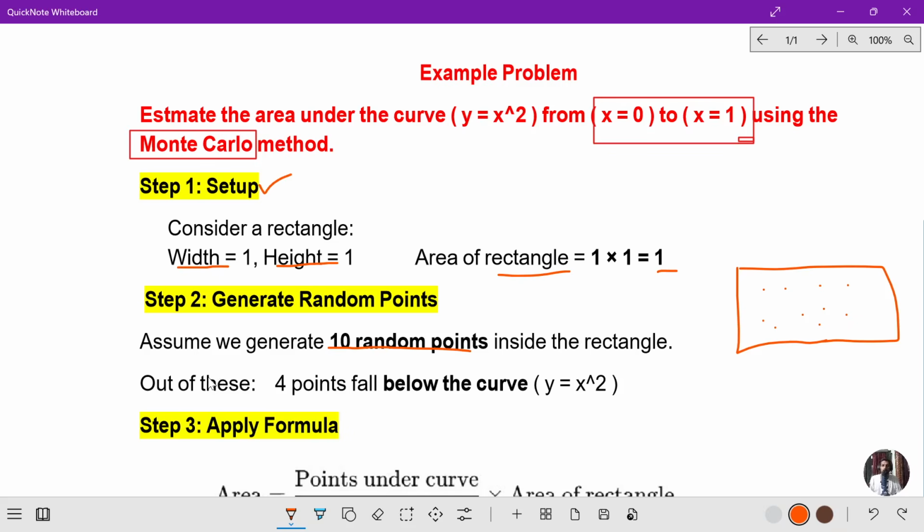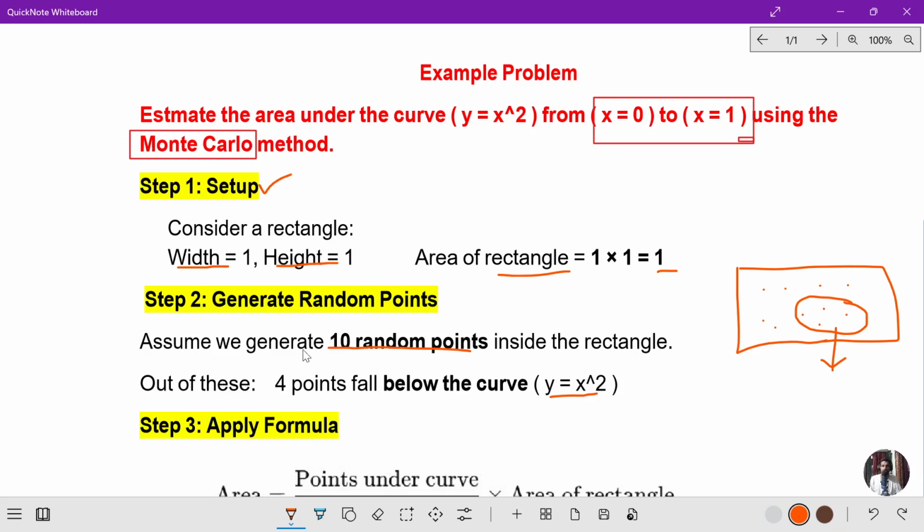Out of these 10, only 4 dots fall below the curve. So these 4 dots fall below the curve, whose equation is y is equal to x square.